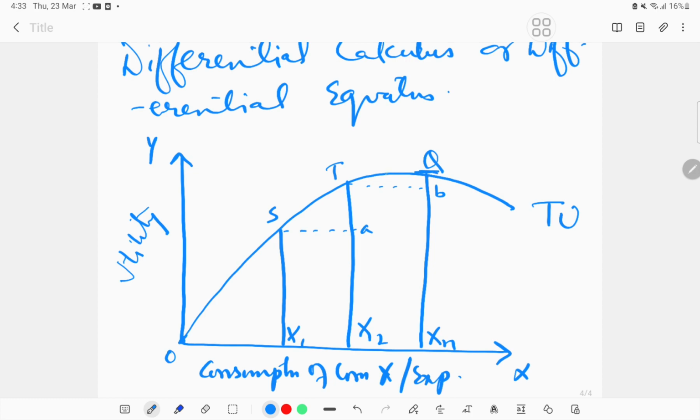This is at maximum. It is much higher than this.